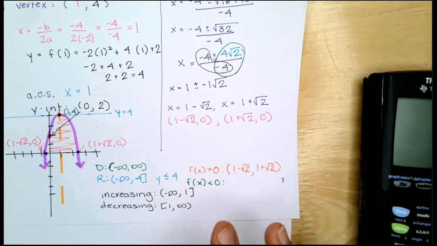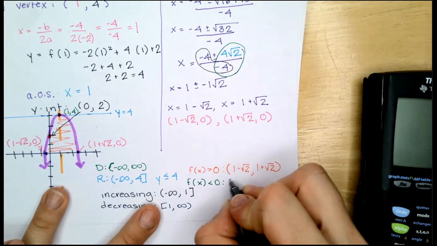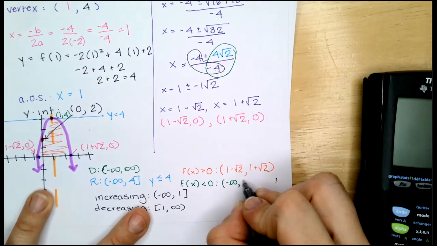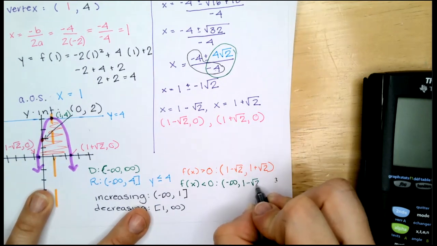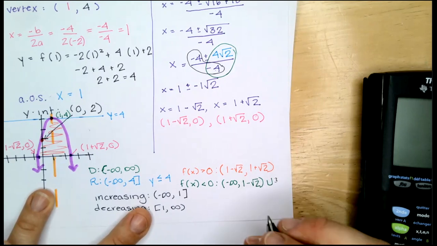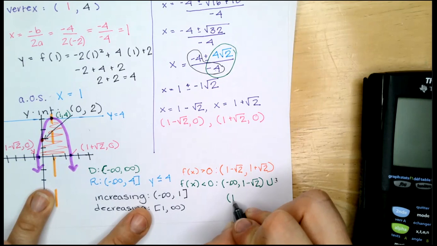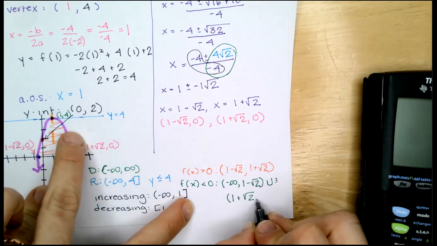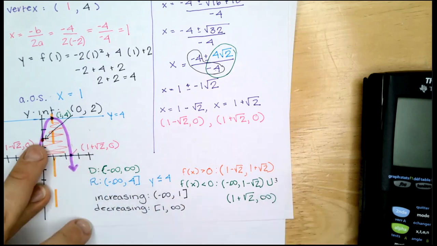That's a harder one to write, okay? It's from negative infinity until, and not including, 1 minus the square root of 2, union 1 plus square root of 2 to infinity.